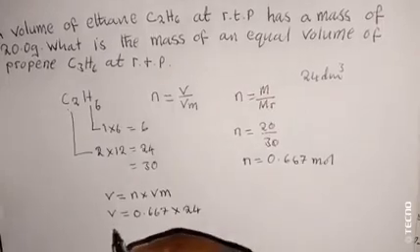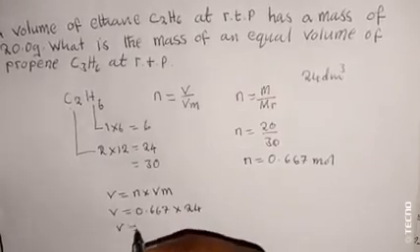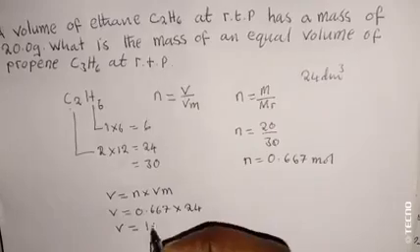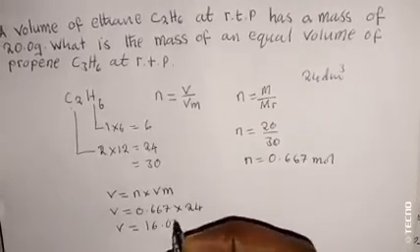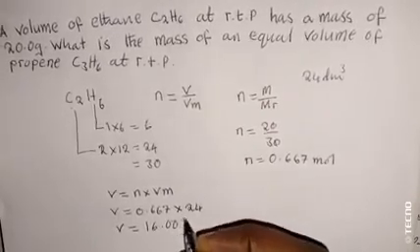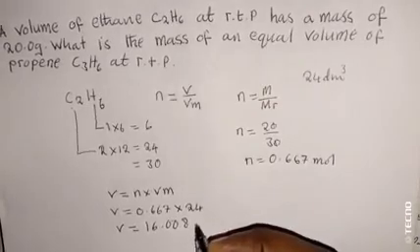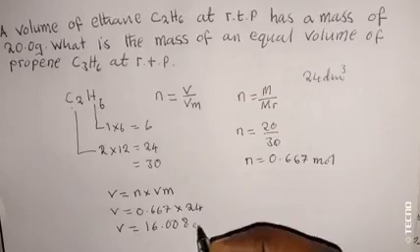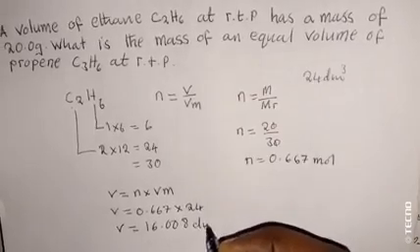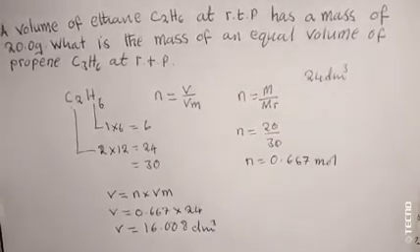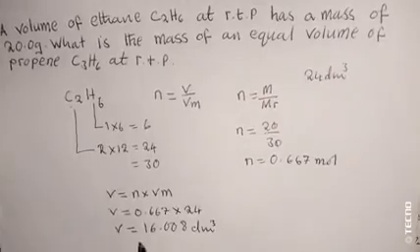When I multiply this, the volume that I'll get is 16.008 decimeter cube.